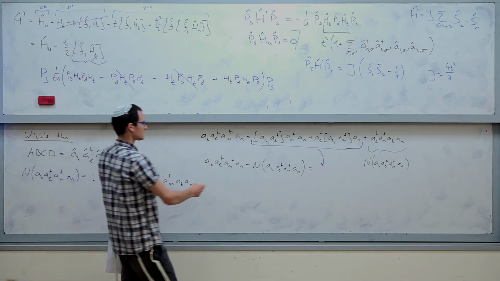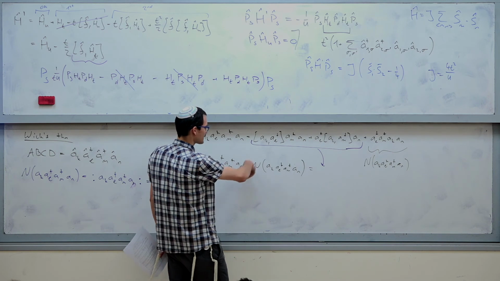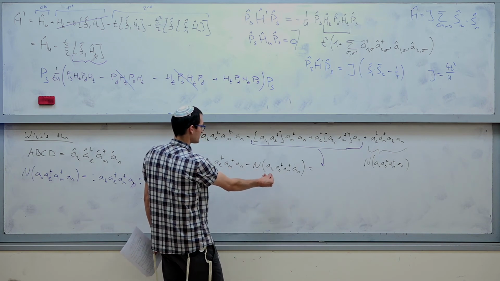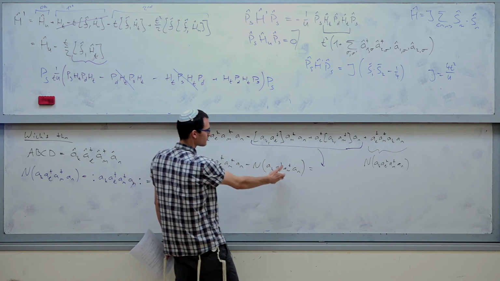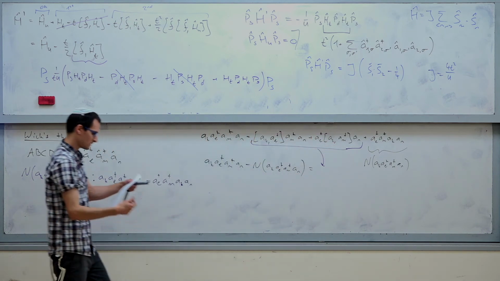So it doesn't mean that I'm applying this and then getting the normal order. It's notation. And the difference between the operator and its normal order is what we just calculated.